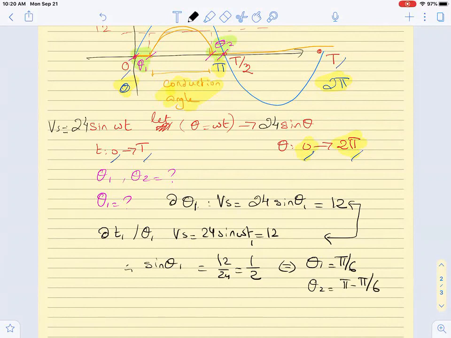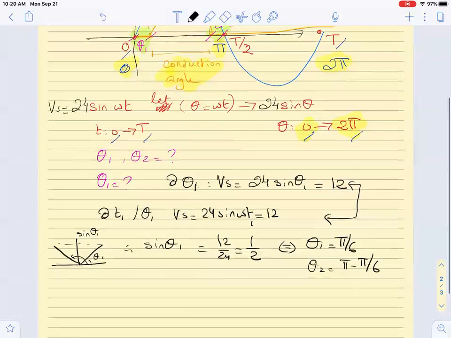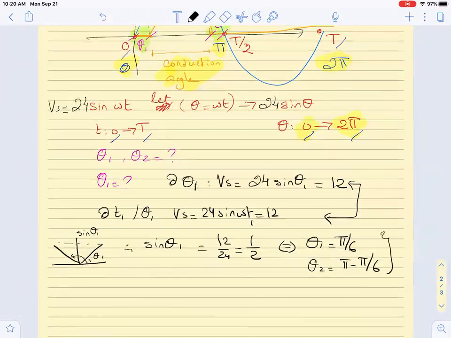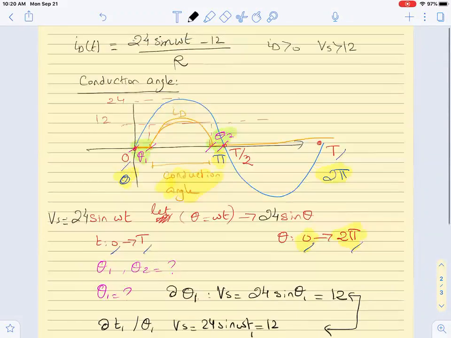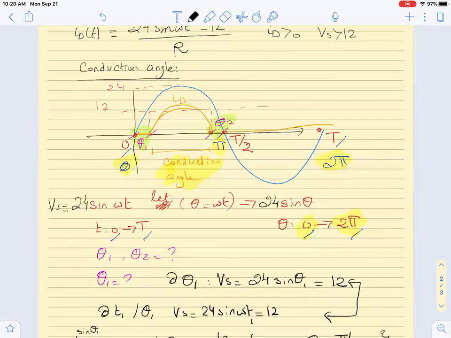Right? The same angle: if I have an angle from here, pi minus this angle gives me the same sine. This is theta 1 and this is pi minus theta 1, right? Okay, so I find those two angles as the solution for the intersection here. This intersection happens at theta 1.